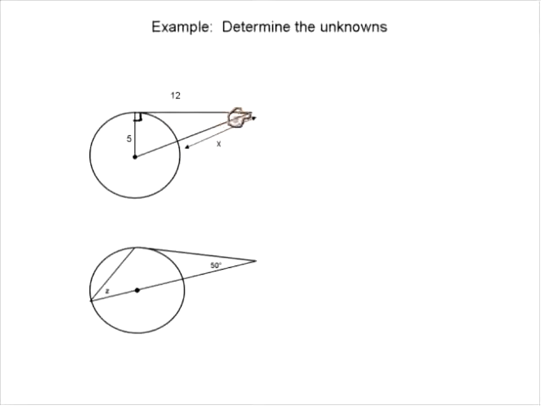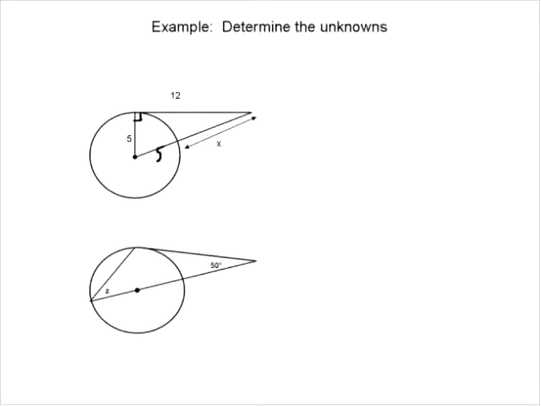We only want this little length right here, but there's something else that we know. We know that this length in here, from the center to the edge of the circle, is always the radius, so we know that this is 5. So if we find the entire hypotenuse and subtract 5, we can easily find x. So let's go through and solve it.